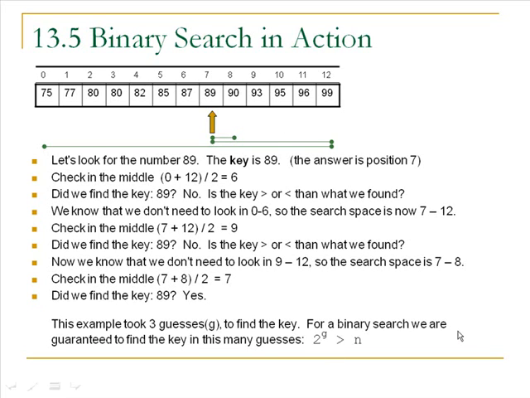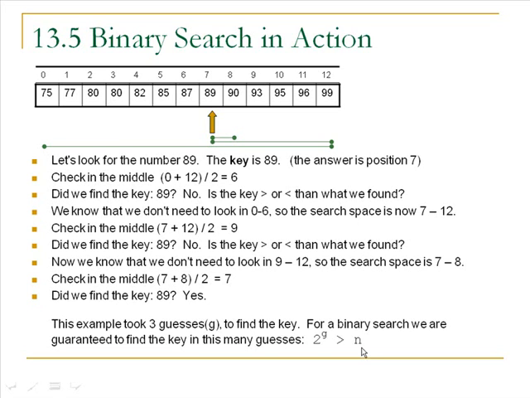So think about how many guesses or how many comparisons we have to do before we're guaranteed that we will find the answer. It turns out that there is a way of measuring this. For a binary search, we're guaranteed to find the key where 2 to the power of g is greater than n.